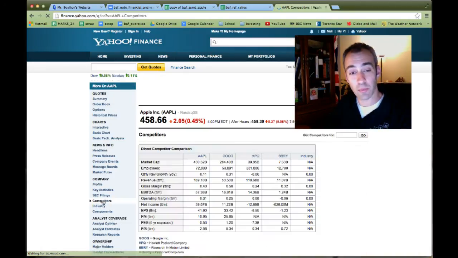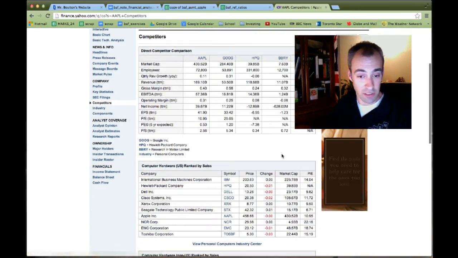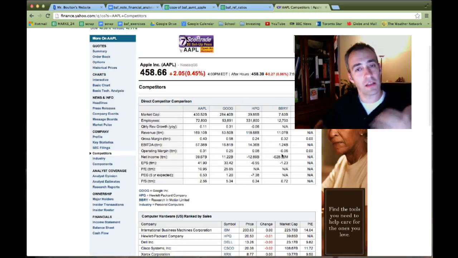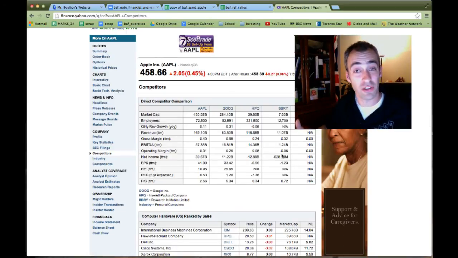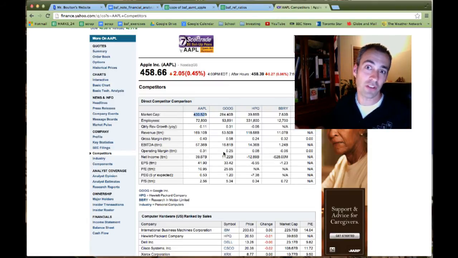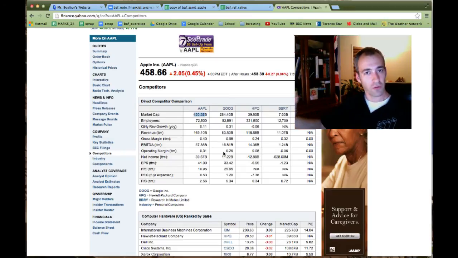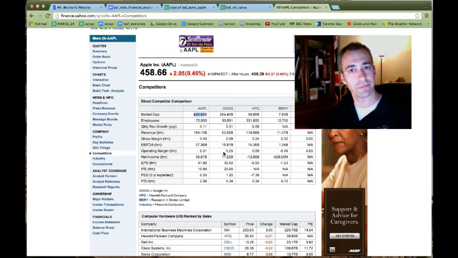In this case, Apple's competitors include companies like Google, Hewlett-Packard, BlackBerry, Samsung's in there, it depends, right? And you can get more or less information depending on the website. But the most important thing is you can find out, with Apple it's not hard, but with other companies you might not know who the competitors are, to be able to measure the firm you're analyzing with the industry standard and other firms to see if they have similar values.